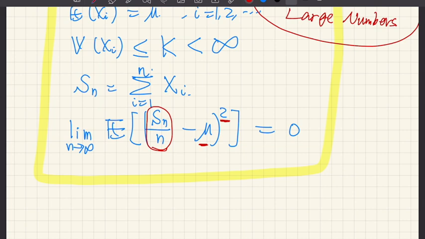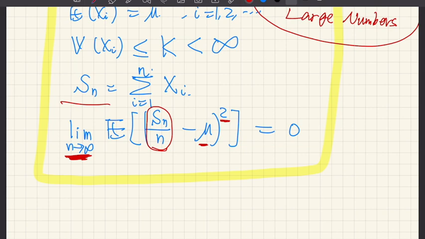So this theorem says the variance of the sample mean will converge to 0 as the number of samples increases. That's a nice result, because if we increase the number of observations, then we will have less and less deviation from the true expected value.